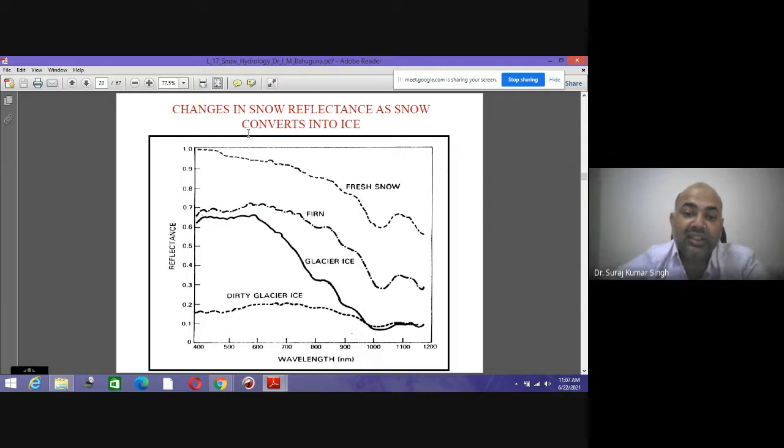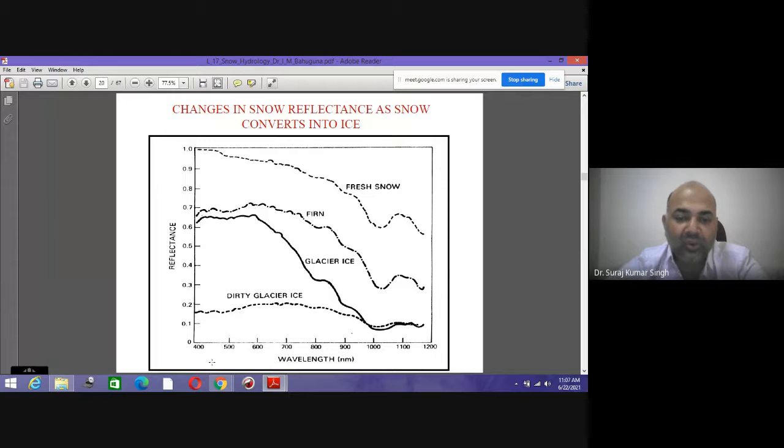So you can see what the changes in snow reflectance are as the snow converts into ice. You can see how dirty snow will be seen in blue, green, red, near infrared, thermal infrared. Then glacier ice, how you will see a very high reflectance in the blue band as well as in the green band, red band, and gradually in the near infrared band it comes downwards.